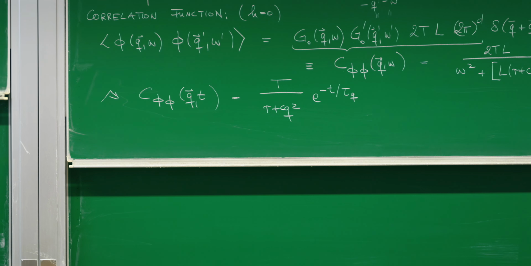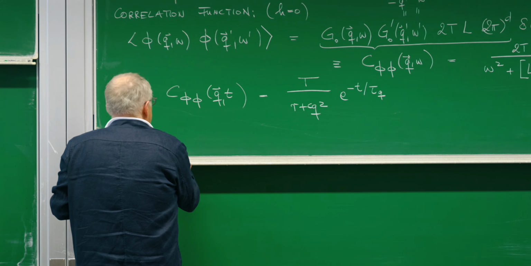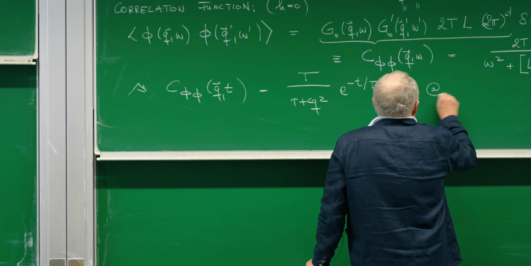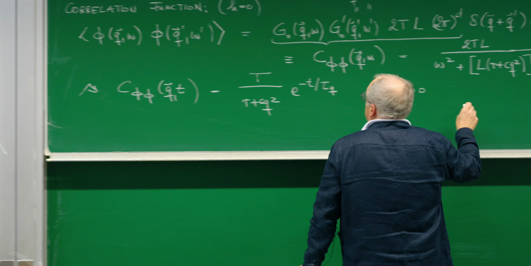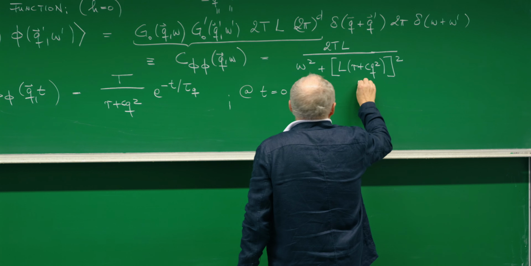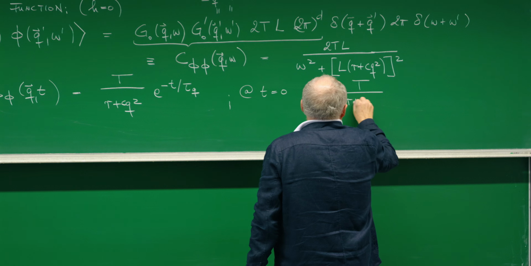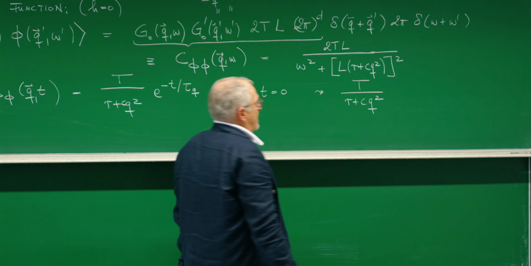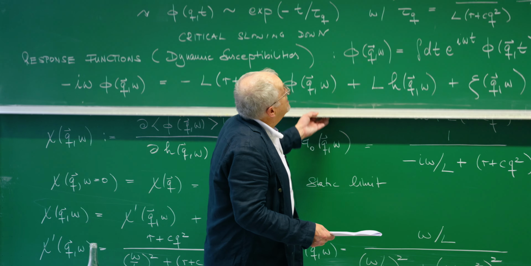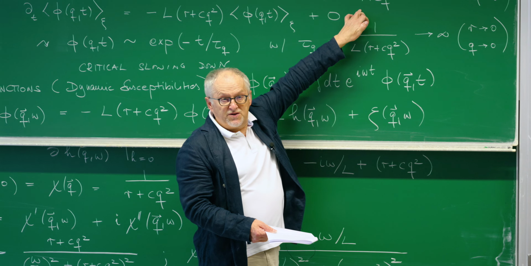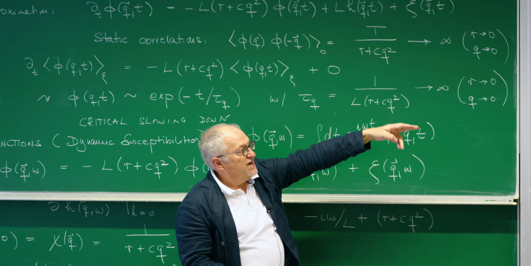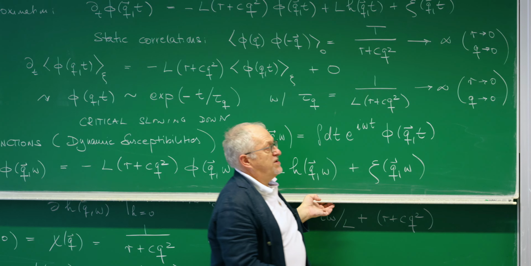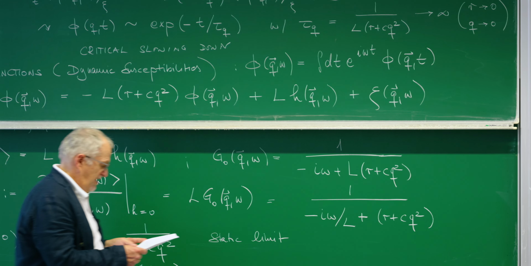So it's these time scales that we have here, 1 over L times r plus c q squared. And at t equal to 0, this reduces to T over r plus c q squared, and that's our static correlation function that we have calculated above. So here we have it. This is the static correlation function to which it reduces once I take equal times, which it must because it's defined in the same way.